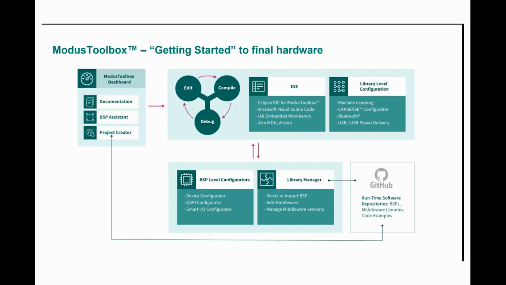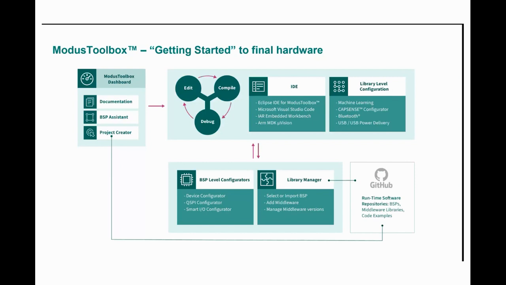But we have these other aspects related to ModusToolbox to help facilitate that. We'll have library level configurators that help you manage and set up Bluetooth and USB type products. And then down to the actual hardware itself, we're dealing with BSP level configurators and library managers to be able to pull products in. And all of this is connected through GitHub repositories, so you always have the latest and greatest content.